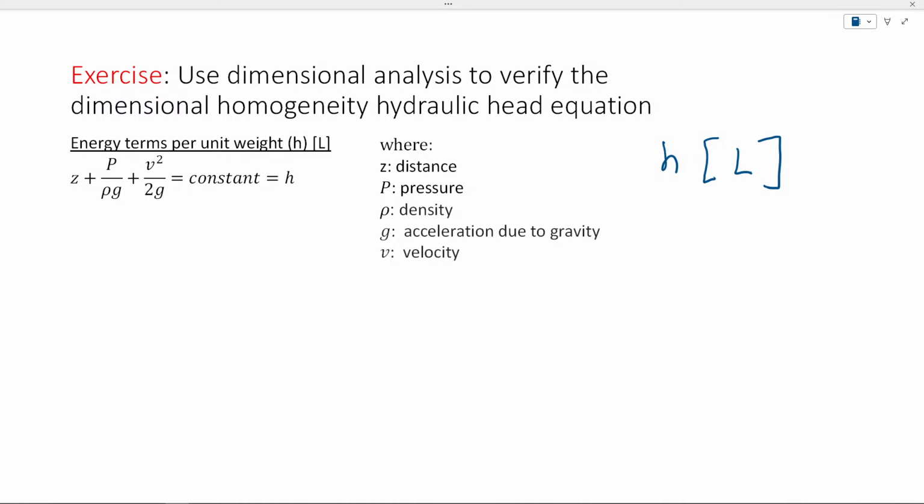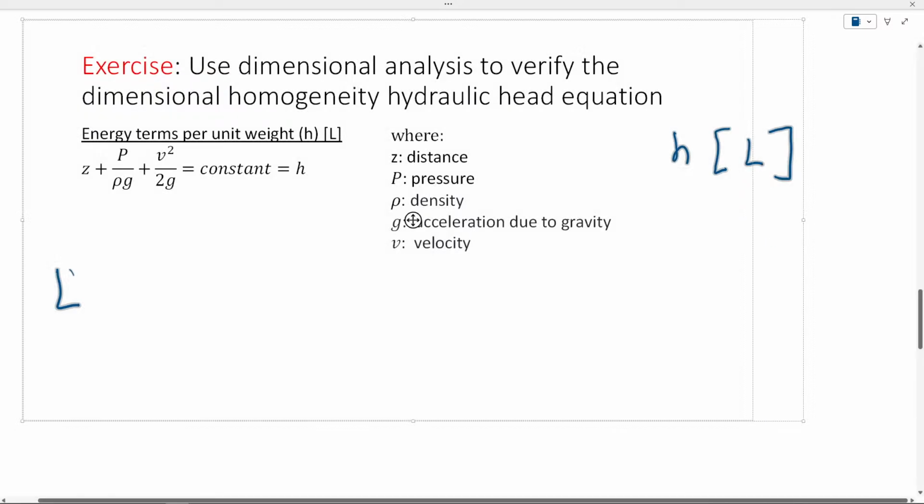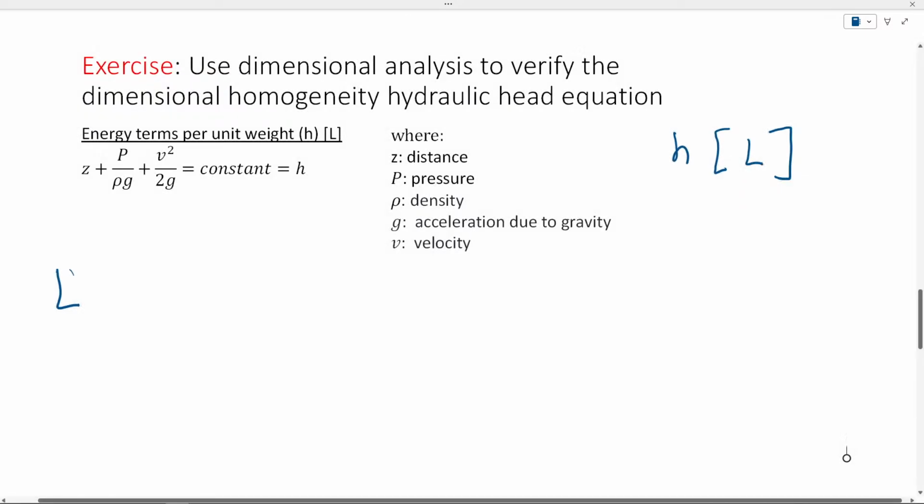Z is a distance, so the first term has the unit of Z. The second term is pressure over rho g.